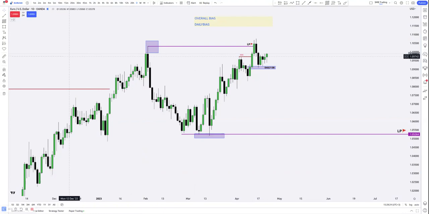And price is also moved by mitigation, so price will be mitigating some orders that were left in a drawdown. All right.